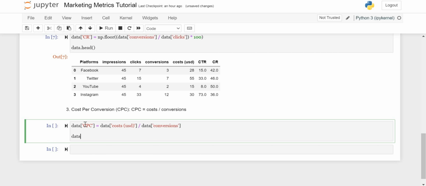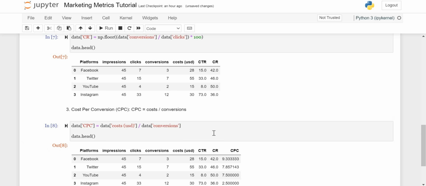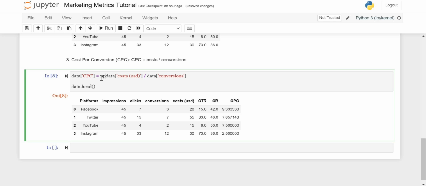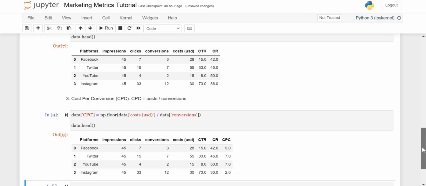So let's fill the first 5 rows to see if it is added or not. Oh, it's added actually, but we forgot to add floor to make the data more readable and uniform. Yeah, cool.